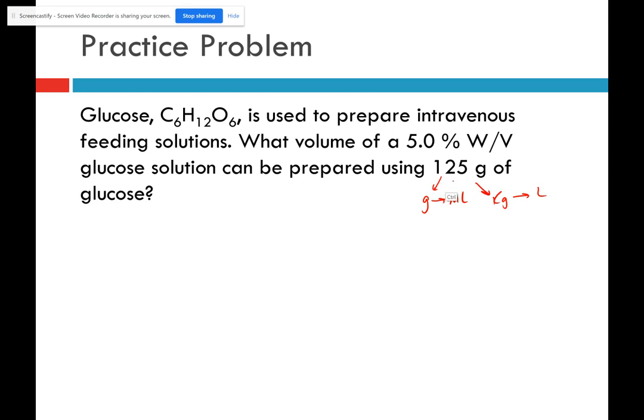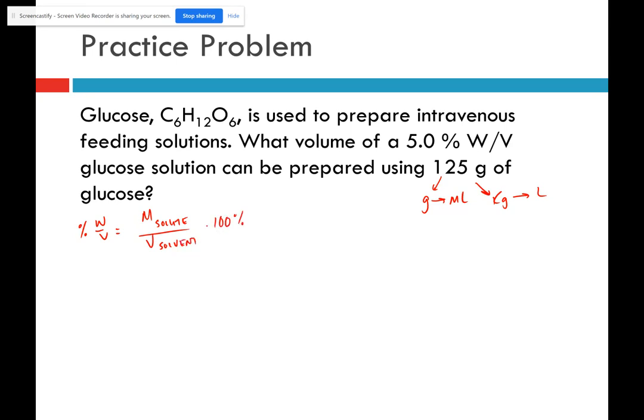This one, because we're dealing with a small mass, I'm going to keep them in mass, knowing that my solution is going to come out in milliliters, instead of converting it to kilograms. So the percent weight by volume is going to be the mass of the solute over the volume of the solvent, or the total solution, all multiplied by 100%.